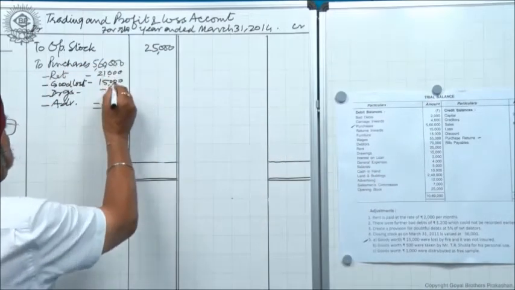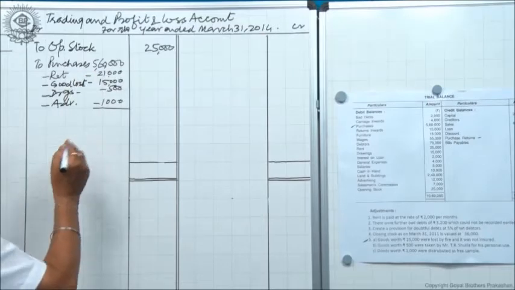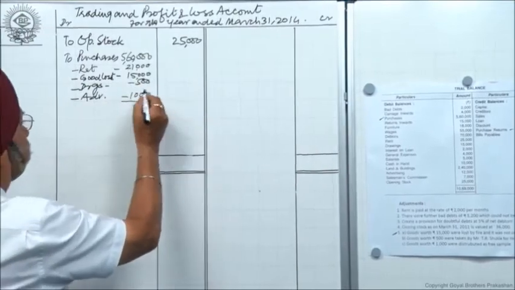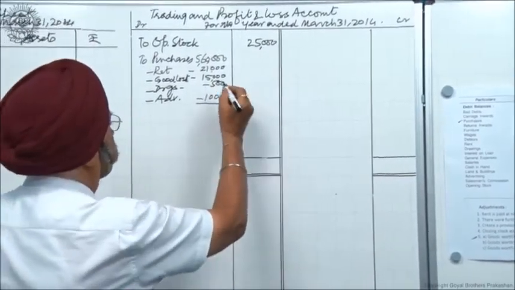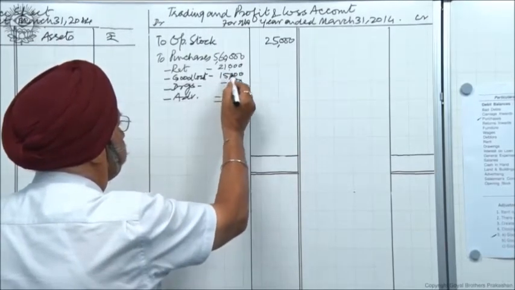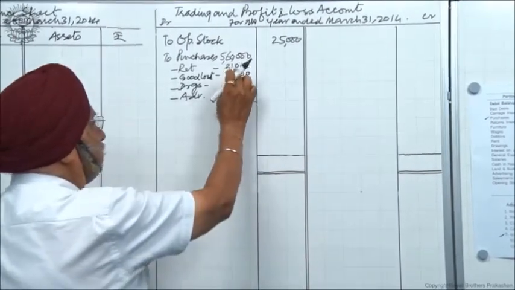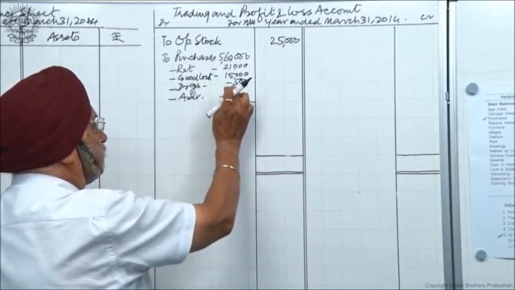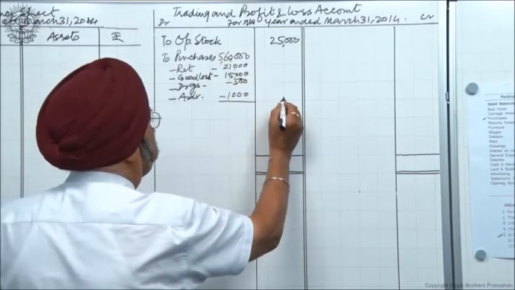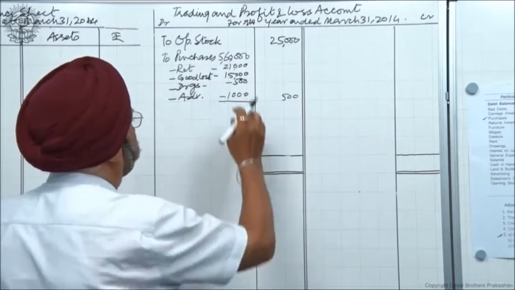Okay, so now if we deduct all these out of this 5,60,000, how much shall we get? So I will write here the net figure. 21,000 and 15,000 is 36,000, 37,500. So I'll deduct this 37,500.